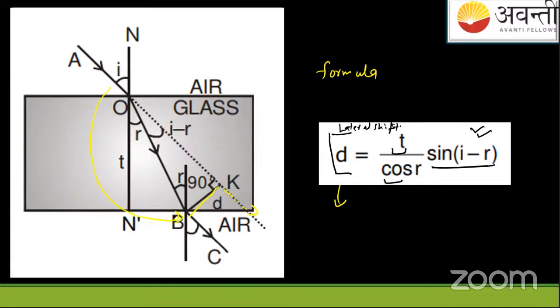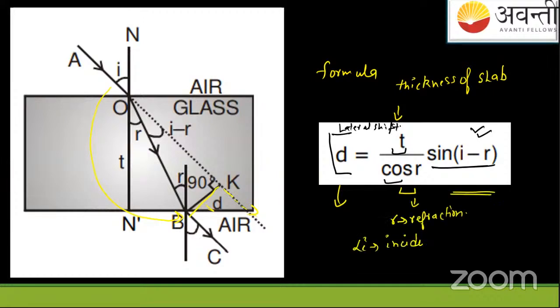It is equal to T, the thickness of this glass slab, times cos r, where r is the angle of refraction, and sin of i minus r, where i is the angle of incidence and r is the angle of refraction. So it is T cos r sin i minus r.